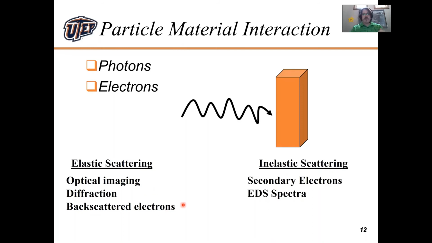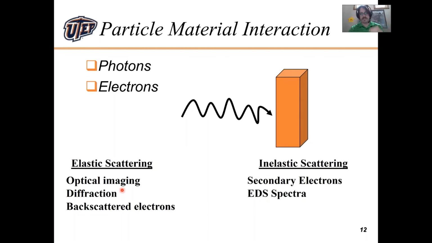In scanning electron microscopy, we deal with two different flavors of electrons: secondary electrons and backscattered electrons. Secondary electrons actually do something to the material, so that's inelastic. I'm doing a segue from elastic to inelastic. Backscattered electrons do nothing to the material. They go into the material, go around the nucleus of the atoms, and come back out.